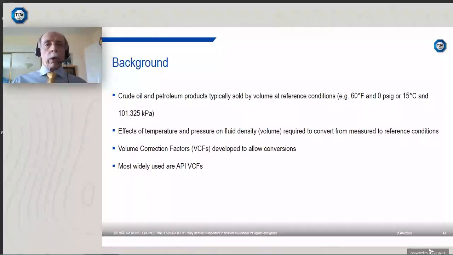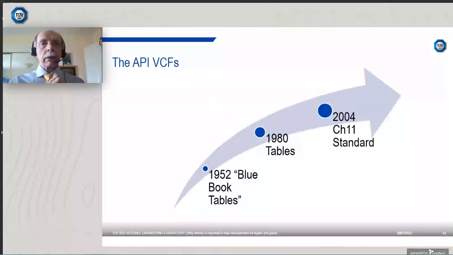These have a long history. In fact, the first recognized ones, the 1952 Blue Book tables, then evolved into the 1980 tables, which were then updated as the Chapter 11 version in 2004 with, I think, a 2007 addendum.